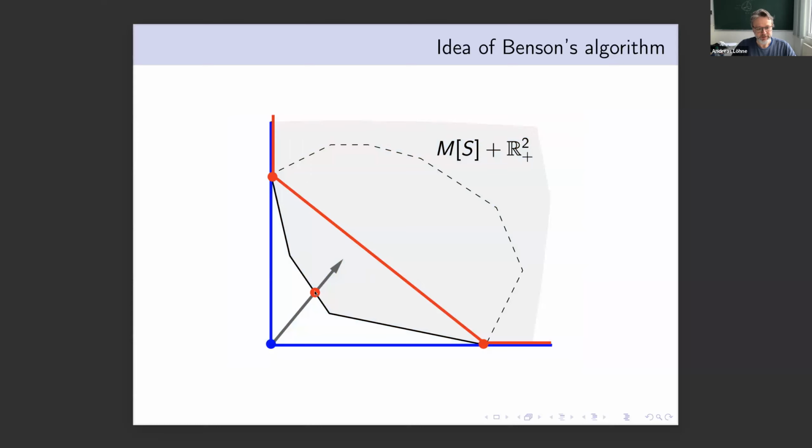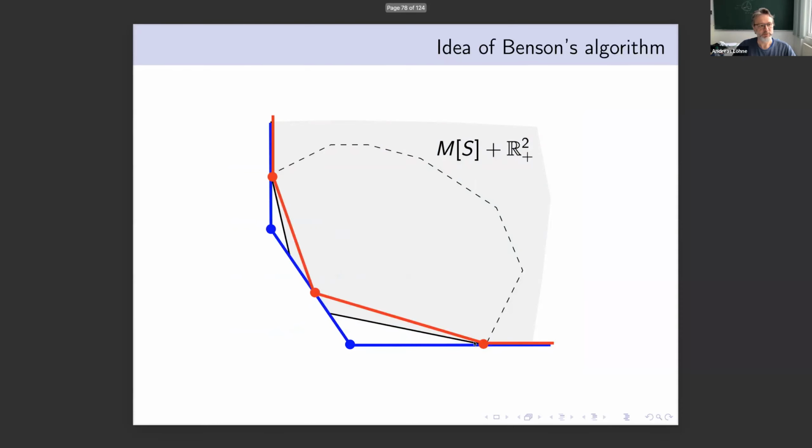So then by solving a linear program, we obtain a boundary point here, and by solving the dual linear program, we obtain a supporting hyperplane, and then we cut off the vertex using this supporting hyperplane, and we have a better outer approximation. And we also have this point, we can update the convex hull here, and we have an improved inner approximation.